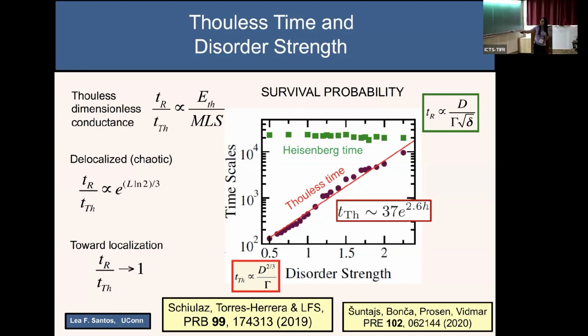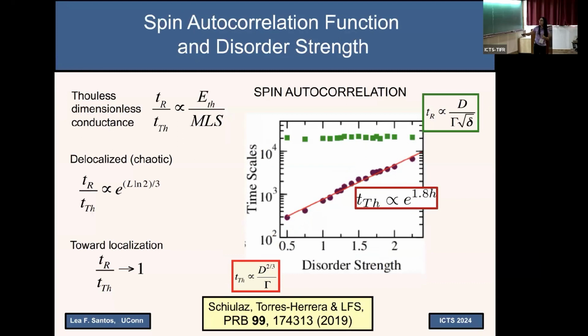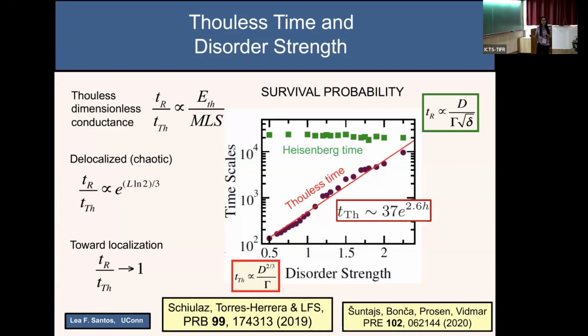In addition to the ramp for the survival probability, we studied it for the spin autocorrelation function. And again, the same behavior, growing exponentially with the disorder strength. All right, so it looks like there is a strong parallel between these two quantities. And there was the talk yesterday about this connection between spin autocorrelation function and survival probability.